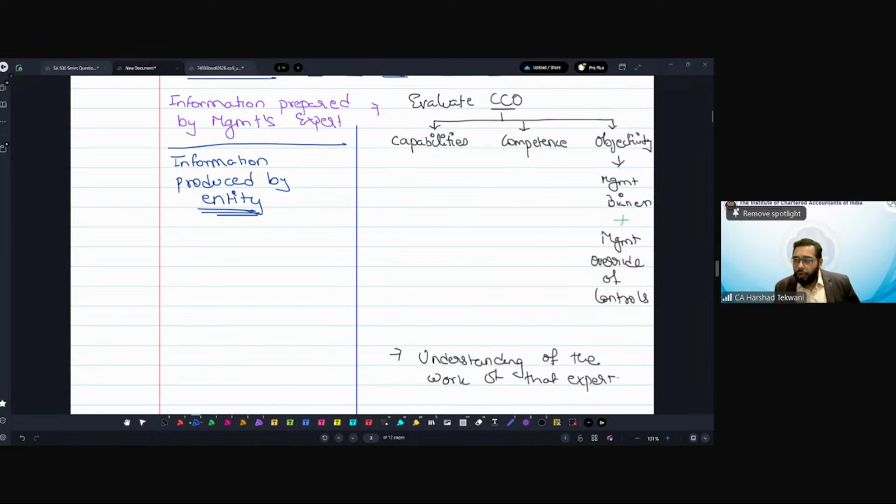So basically there are 3 to 4 elements that we need to check for the IPE. We call this IPE, information produced by the entity. There are 3 important parameters of IPE. The first parameter is the source data, from where it is coming.